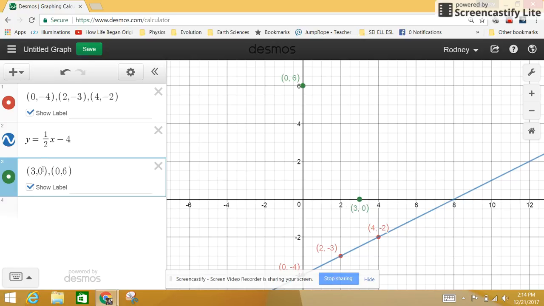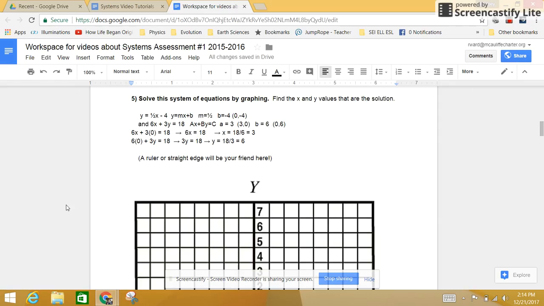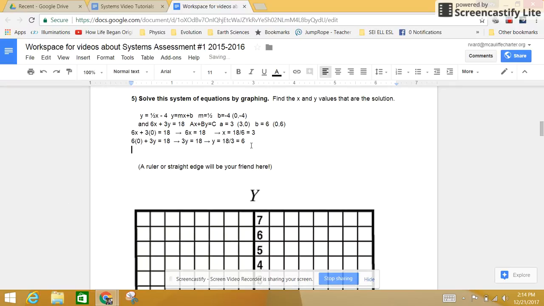If for some reason one of these points was a little bit wonky and I had to eyeball its location, I would instead also figure out the slope. And I'm going to go ahead and do that. Slope is going to be negative of the x coefficient, or A, divided by the y coefficient, which we often call B. And so in this case, that's going to be the negative of 6 over 3, which is going to equal the negative of 2.